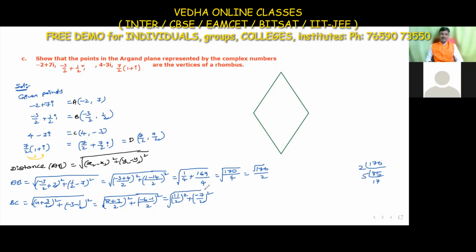Now 11 square is 121 divided by 4, and minus 7 whole square is 49 divided by 2 square, which is 4. The denominators are equal, so add the numerators 121 and 49. So root 170 divided by 4, which we can write as under root of 170 divided by 2. This is the distance BC.